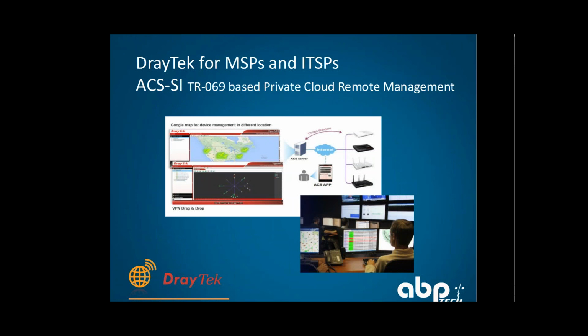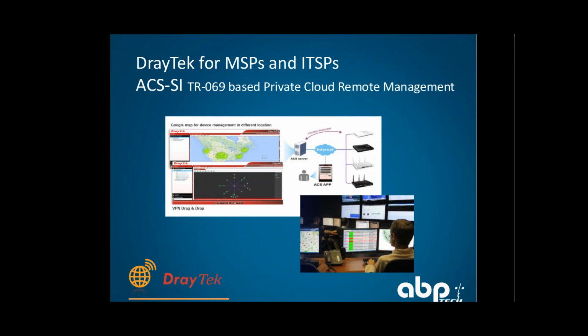But it's not just for SMBs. For service providers or integrators who have large multi-site projects, visibility and control over their networks is critical. DrayTek has a centralized management software, they call it the ACS-SI, which is designed for MSPs and ISPs to see the connectivity status, monitor alerts, and generate detailed reports for all their customer routers from one centralized location.